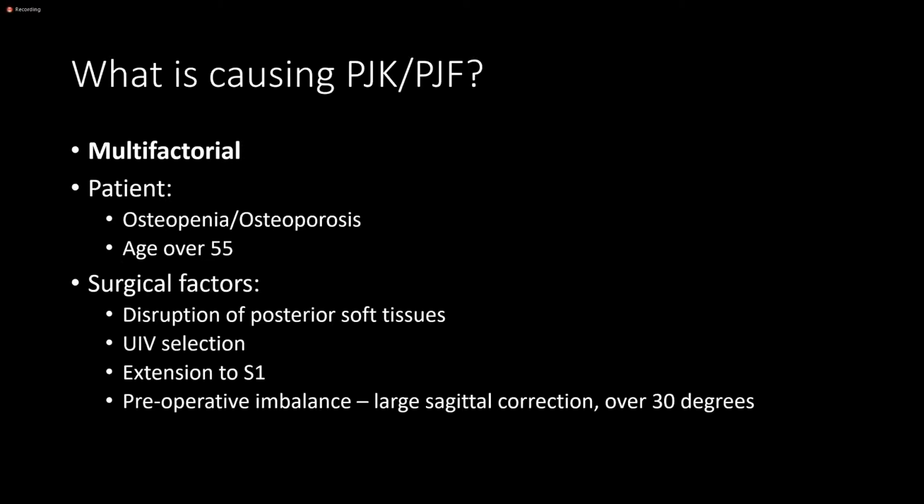And there is a lot of research done to study which level of fusion will prevent or decrease the possibility of proximal junctional kyphosis. Normally, what we do at Harborview is we go up to T10.